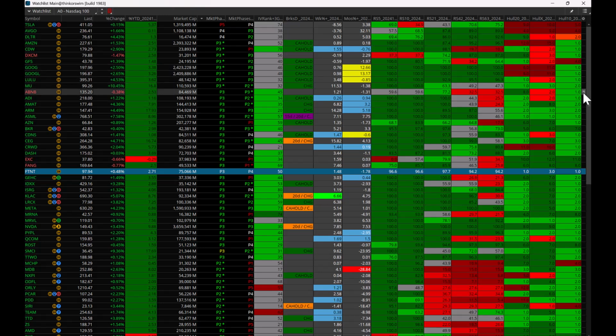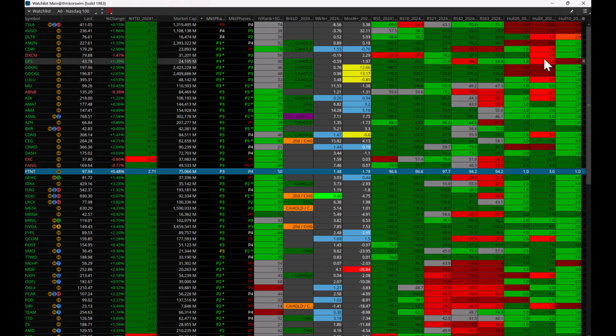The numbers in these columns represent the number of days that it's either been in an uptrend for the Hull 10 or the Hull 20, or the number of days that it has had a bullish posture for green backgrounds. Light green means within the last 3 days, and dark green means it's been 3 days or longer.